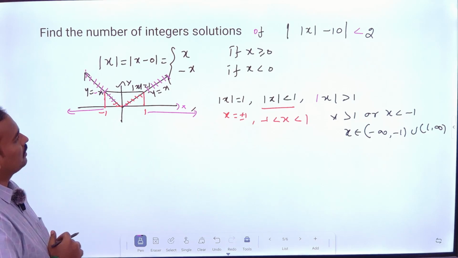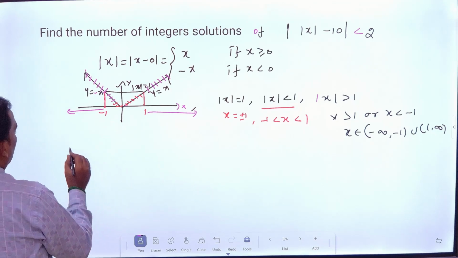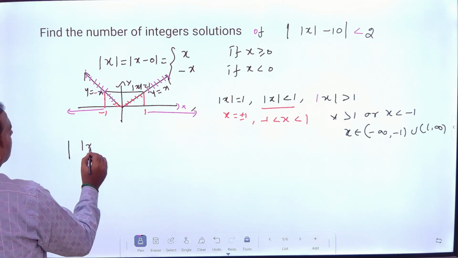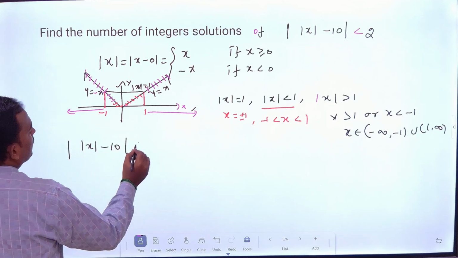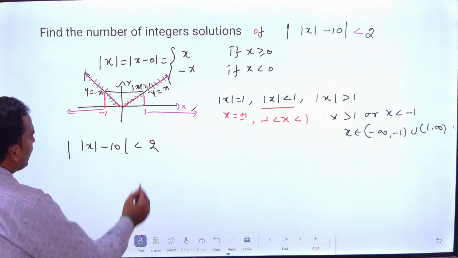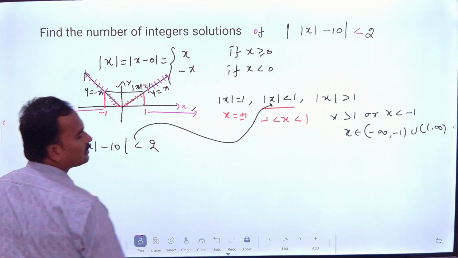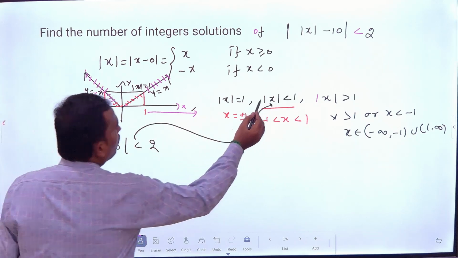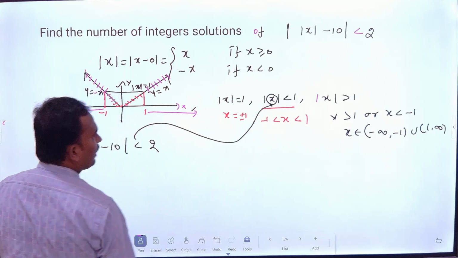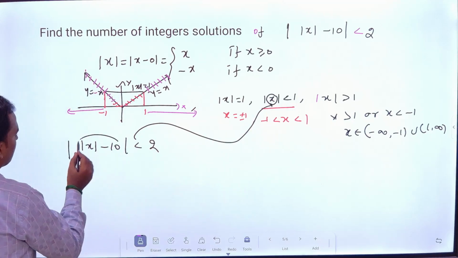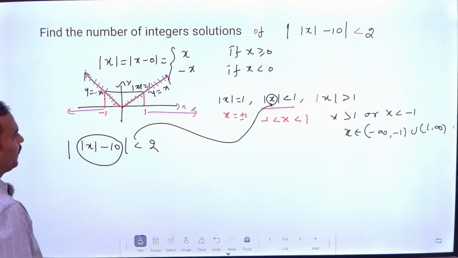Now let us discuss the given question: mod x minus 10 is less than 2. Compare with mod x less than 1: modulus is there, and inside, x is there. You just replace x with x minus 10 and apply the same idea.